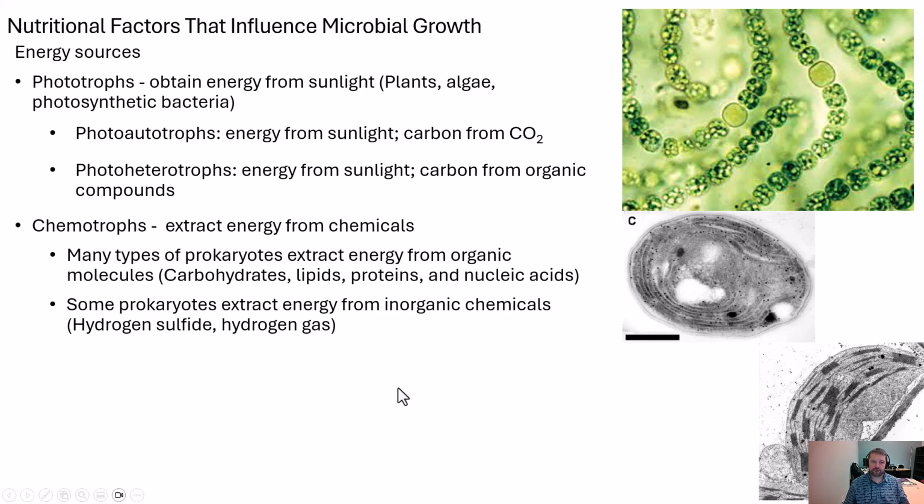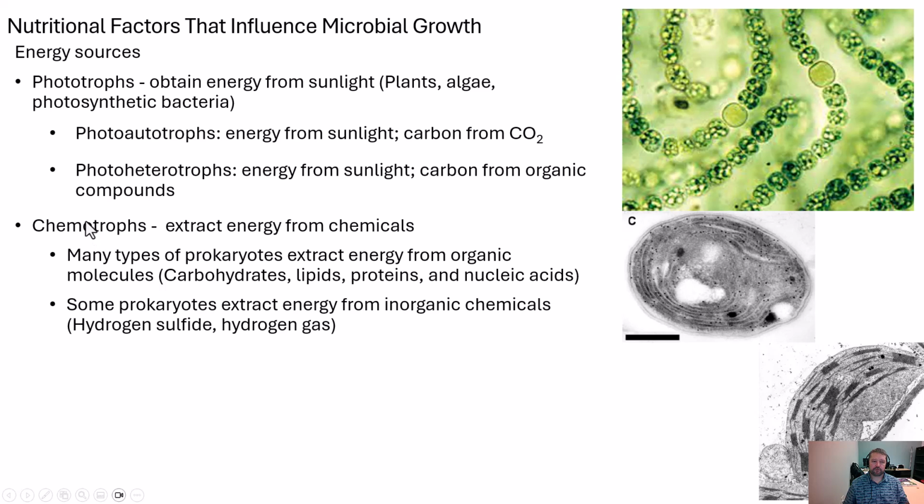The other option that we sometimes talk about, especially when we're talking about bacteria and archaea, is the chemotrophs. Okay, and these are organisms that extract energy from organic molecules, like carbohydrates, lipids, proteins, nucleic acids, which lots of eukaryotes fall into this.